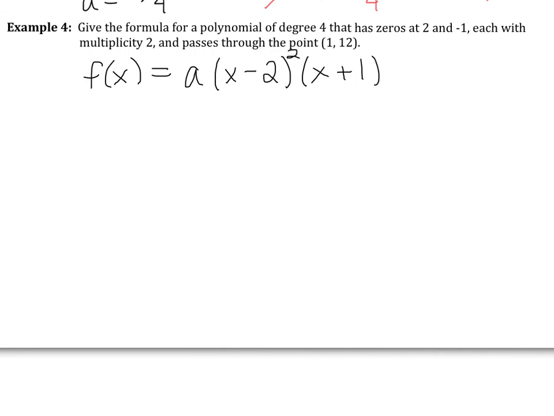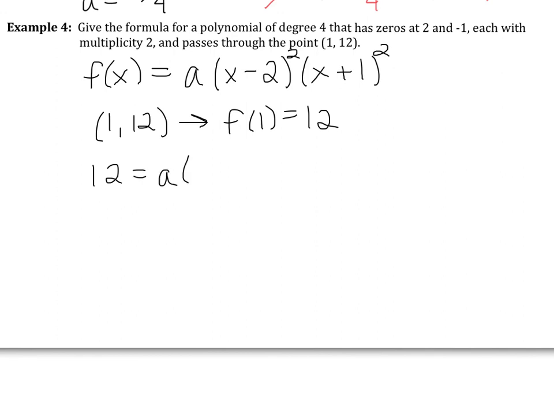So they just told us right there. Okay, and now we know the graph passes through the point 1, 12. All right, so that means that 1, 12 is on the graph, which is the same thing as saying that when I input 1, I get out 12. So let's use that information. I output 12 when I input 1 for x.